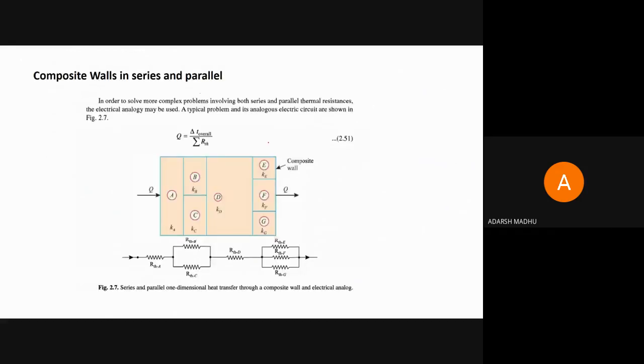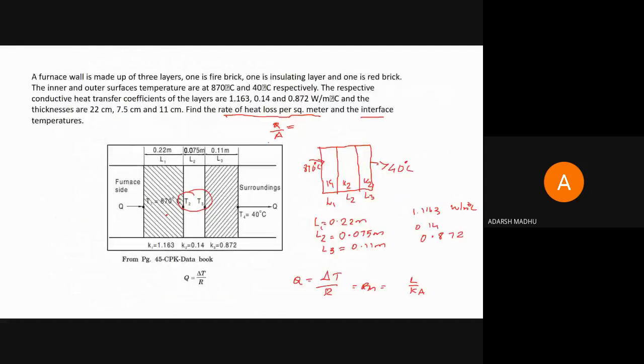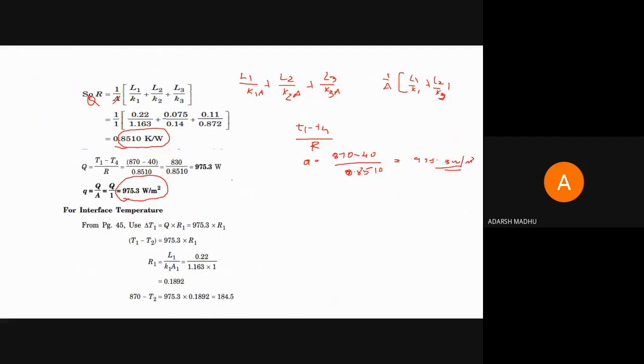In a composite wall with three different layers, the heat transferred through each layer is uniform, so we can equate the heat transfer equations to Q. Likewise, here also we can equate the heat transfer equation for the three layers. The total equation for heat transfer is Q equal to delta T by R thermal, which is T1 minus T4 divided by R thermal.